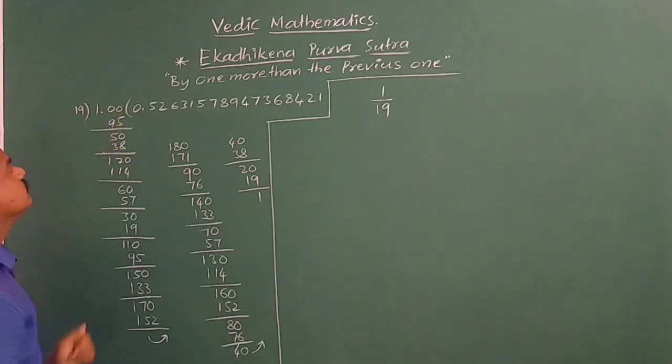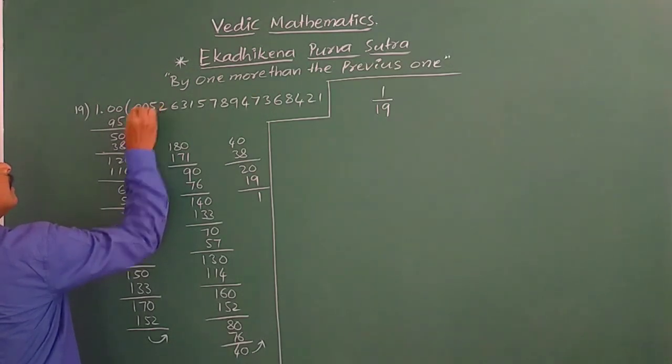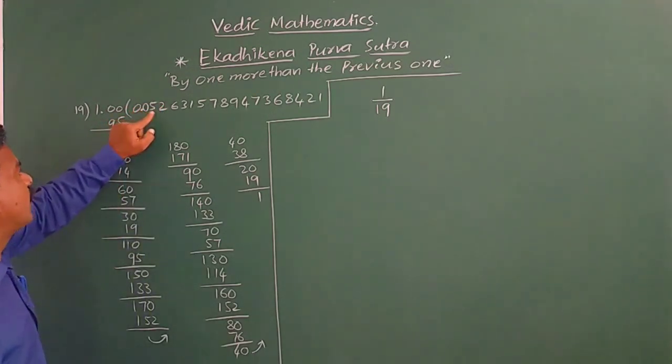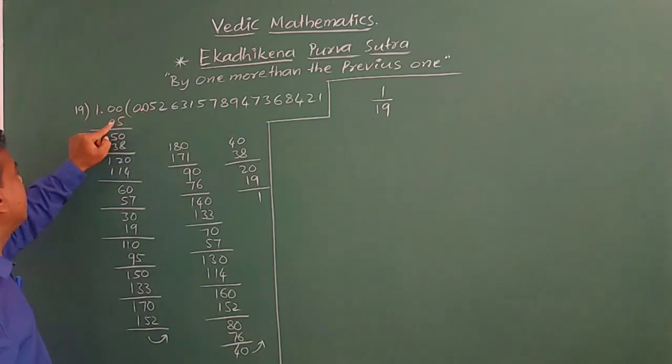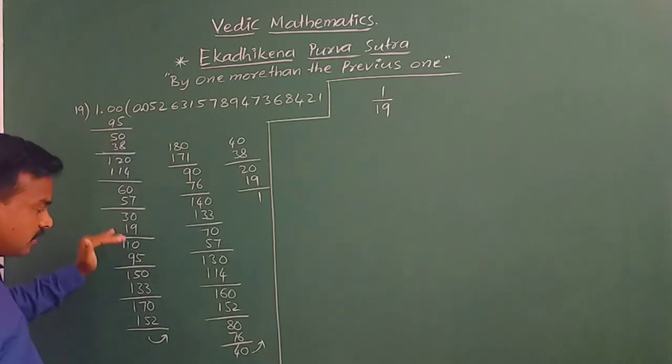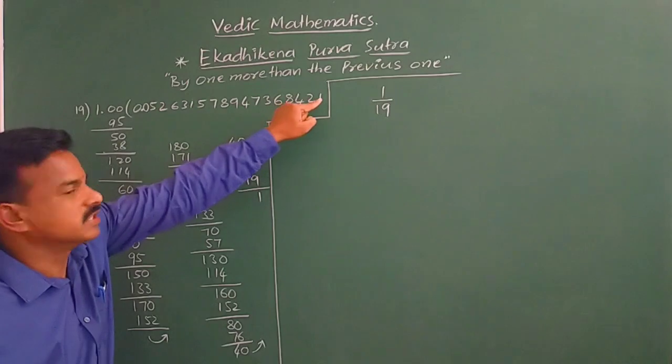Then we get here 0.05. 100 again, one more zero bring down, 19 5s are 95. Like this, in this process, if you continue, next we can get these digits.